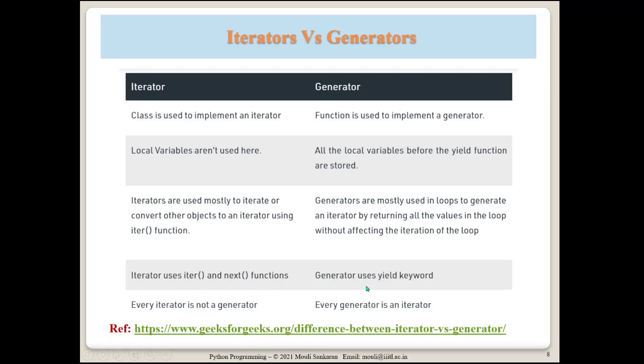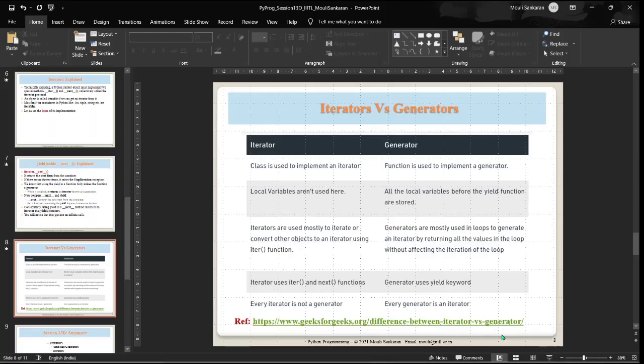An iterator uses both next and iter, while a generator can be used only with iter. Generator uses the yield keyword. Every iterator is not a generator, but every generator is an iterator. Okay, that's a difference, which I have put a link also, Geeks for Geeks, so you can go through that.